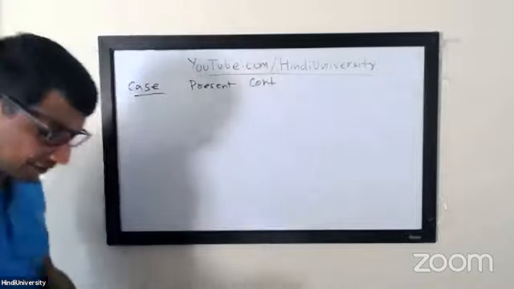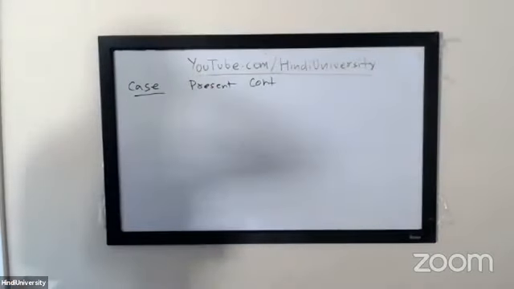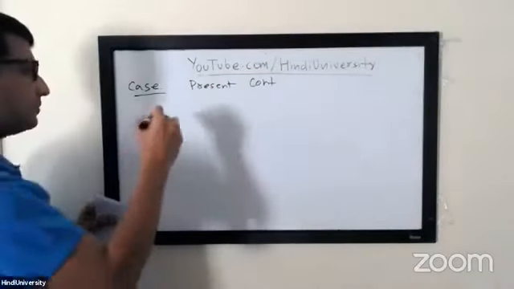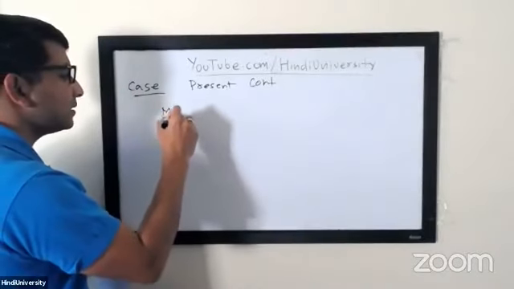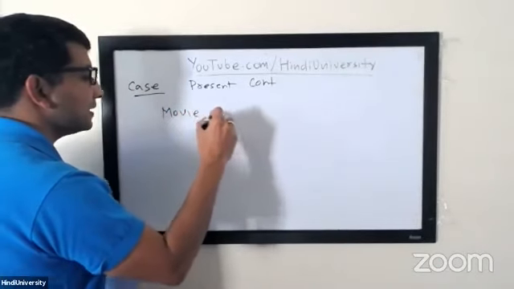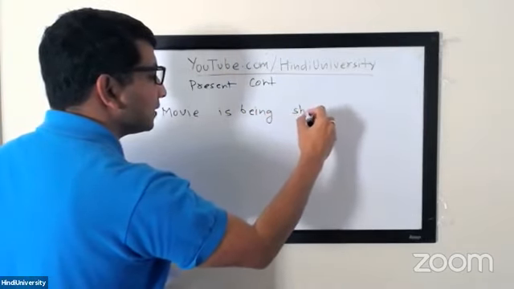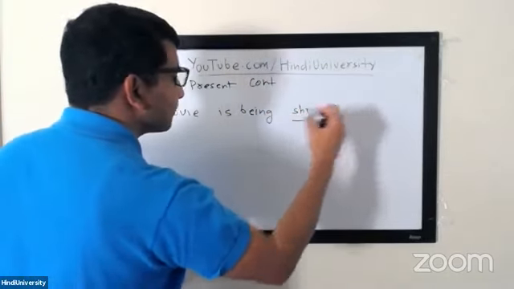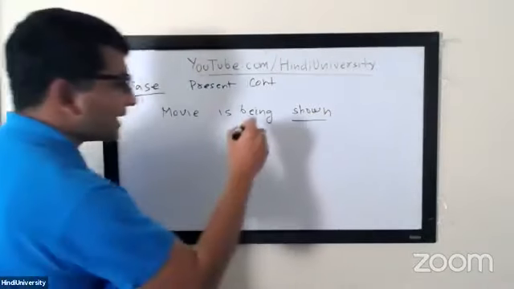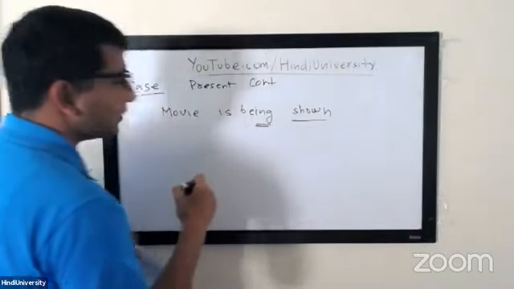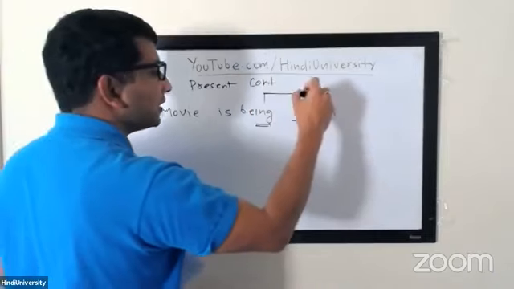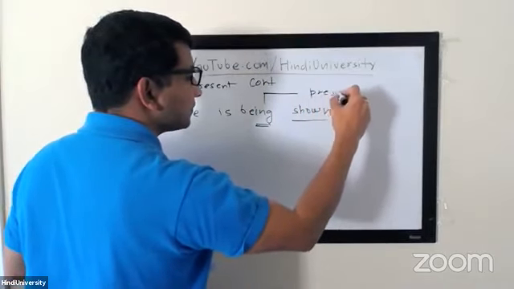Okay, so now present continuous, which is case number 2. Let's say your sentence is: movie is being shown. By this 'ing' you have to make sense that this is in present continuous.